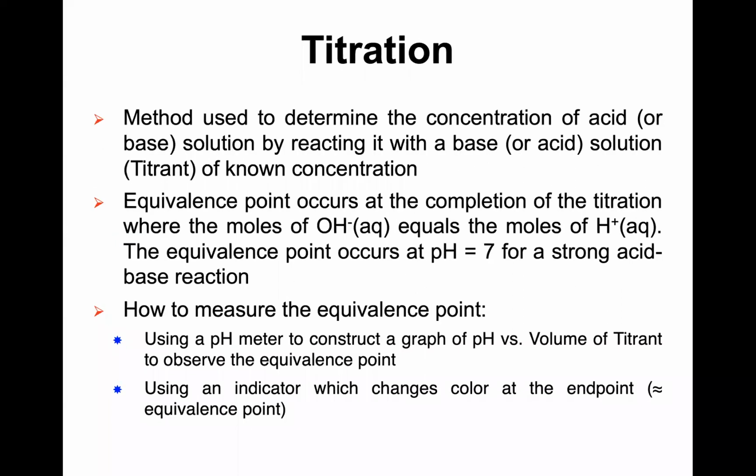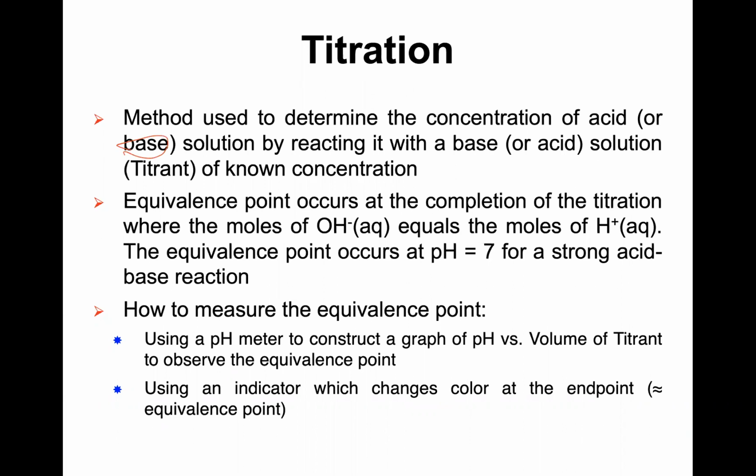So let's look at what titration is. Titration is an analytical method used to determine the concentration of an acid or base, depending on which one you want to find out, by reacting it with a base or acid of known concentration.